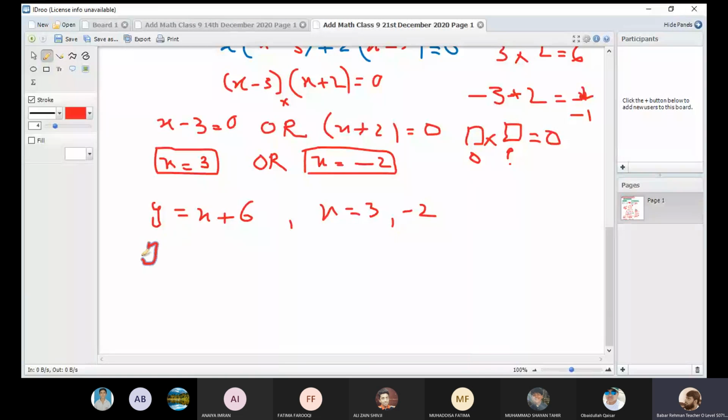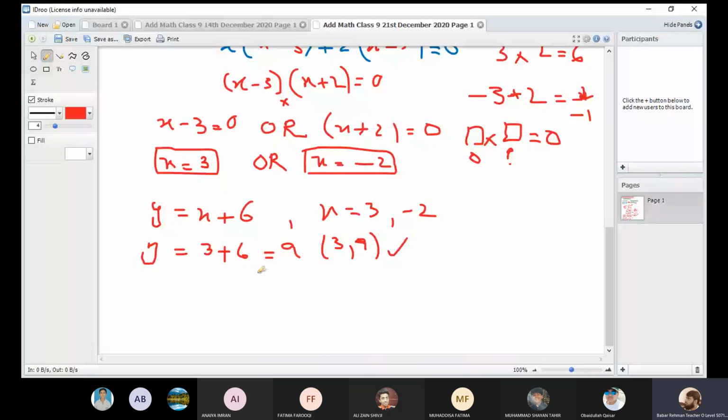So when I substitute x is equal to 3, 3 plus 6 is equal to 9. Over here I have the solution: if the x value is 3, then y should be 9. Are you getting it? Yes sir. There should be two answers.